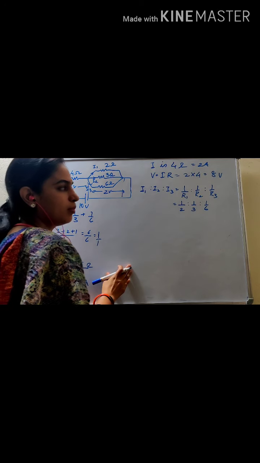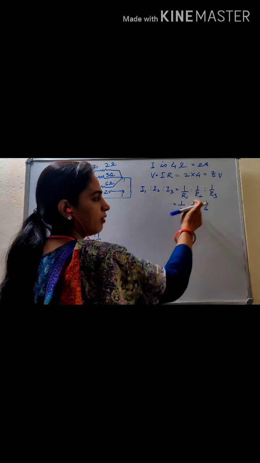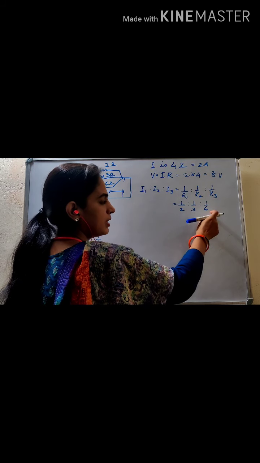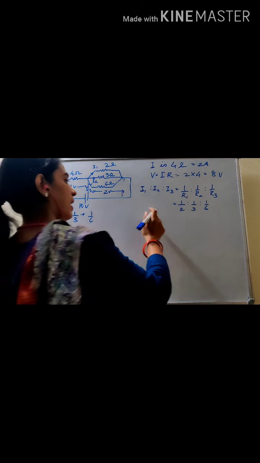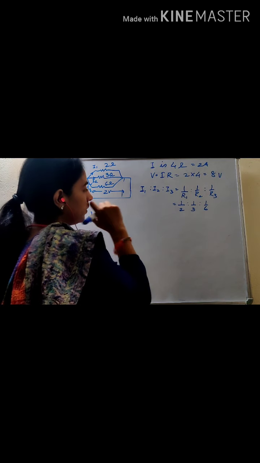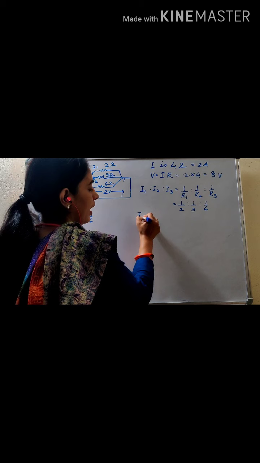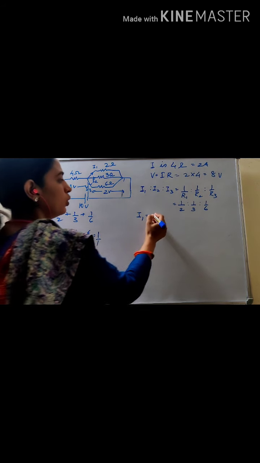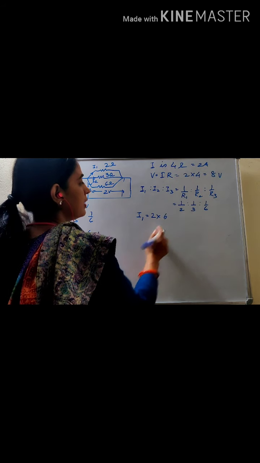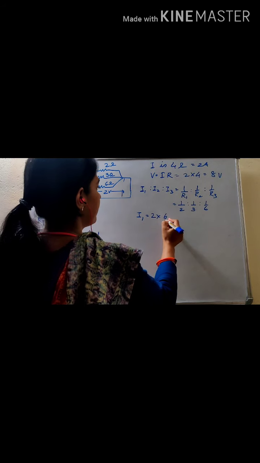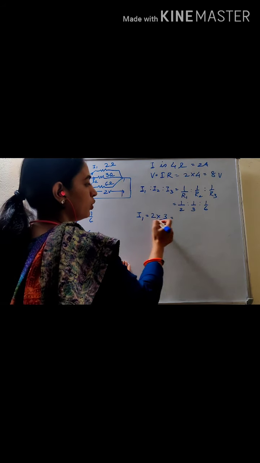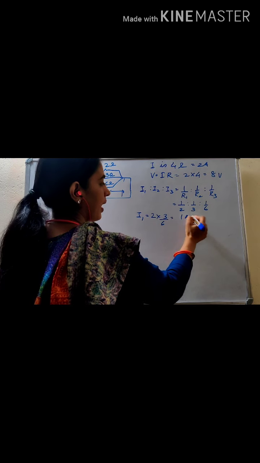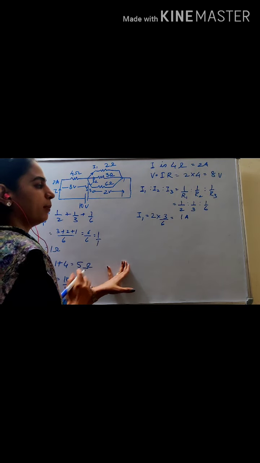Again, taking LCM, what do we get? LCM will be 6. So I1 is equal to 2 into 3 by 6, that is equal to 1 ampere. So I1 is 1 ampere.